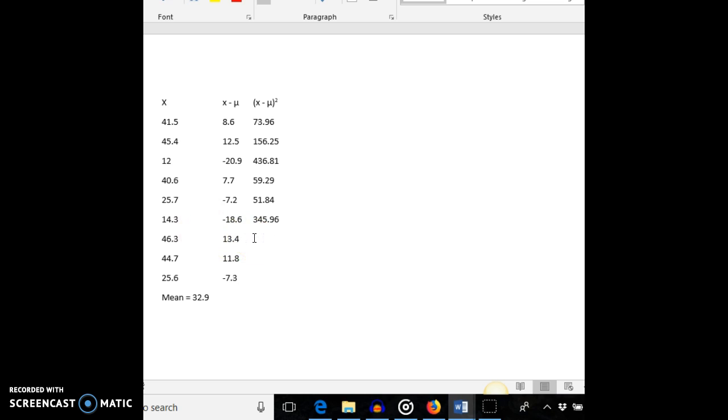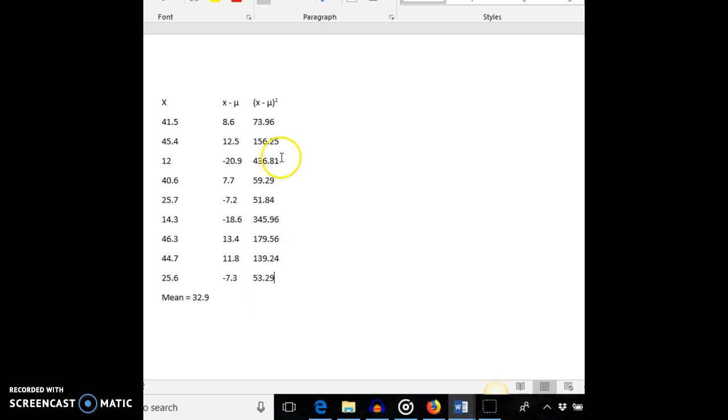If I take 13.4 times 13.4, I get 179.56. If I take 11.8 times 11.8, I get 139.24. Negative 7.3 times negative 7.3, I get 53.29.